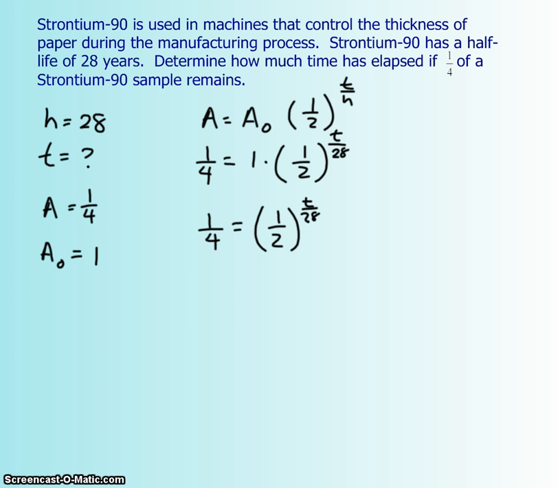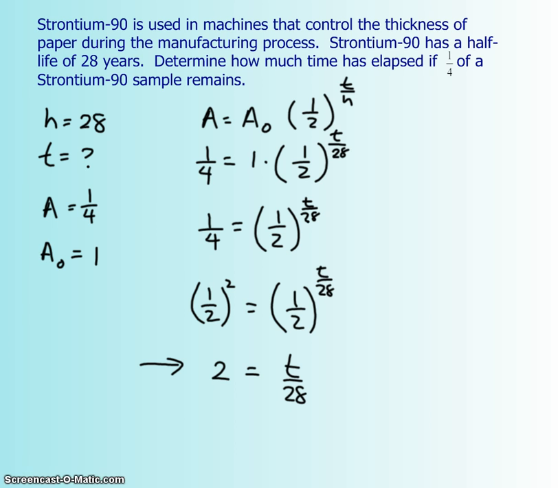In order to solve for the t, you're going to need to make sure that you have the same base. So 1/4 is just a half squared. And I have my other base, which is also a half, to the t over 28. This indicates that their exponents must be the same.